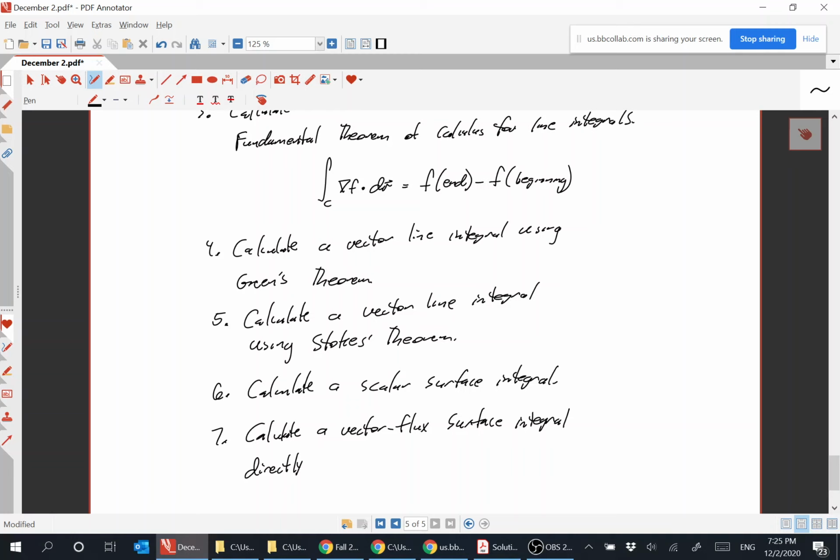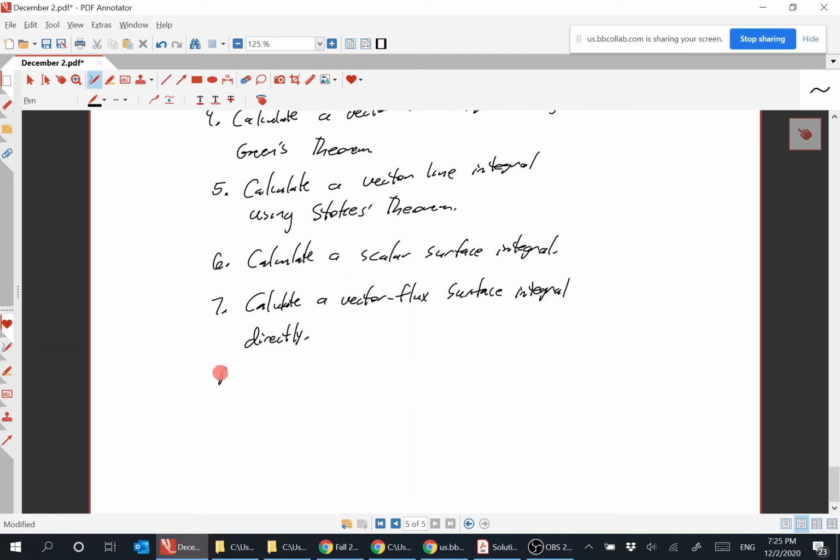Here we want to calculate a vector flux surface integral just directly. So here's a surface: parameterize the surface, calculate the partial derivatives of the surface parameterization, take the appropriate cross product, dot product with the vector field, and integrate.